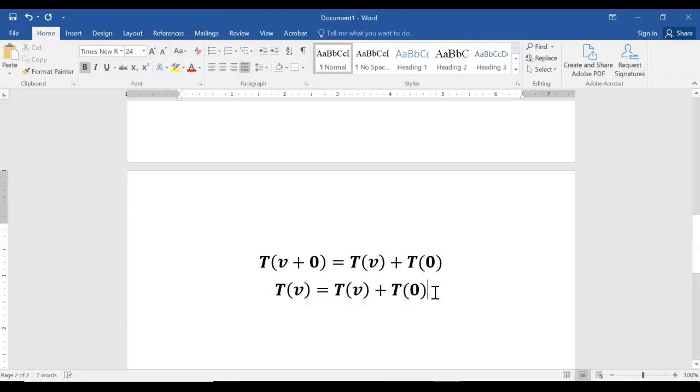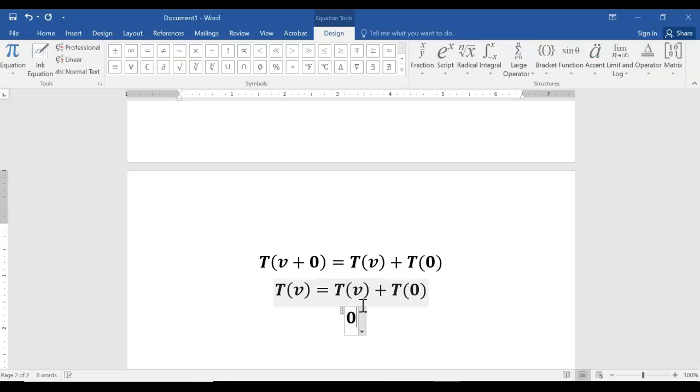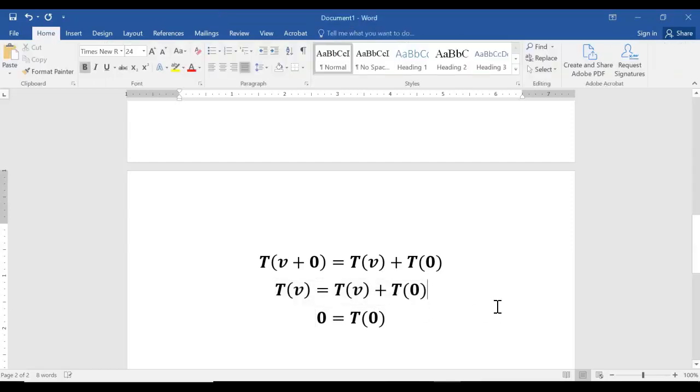And then I can simplify that equation again by subtracting t of v from both sides. So I'd subtract t of v, subtract t of v. And that's giving me that 0 is equal to t of 0. Hopefully that makes sense. All right.